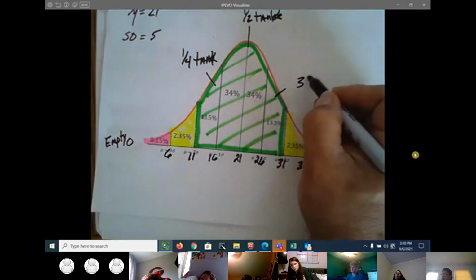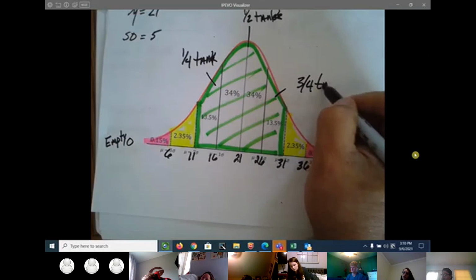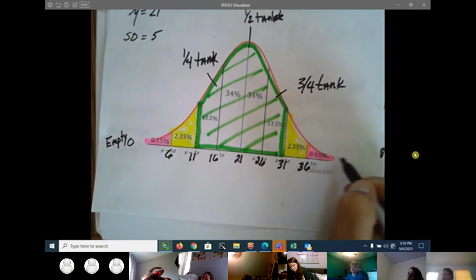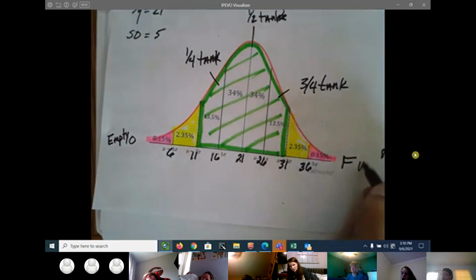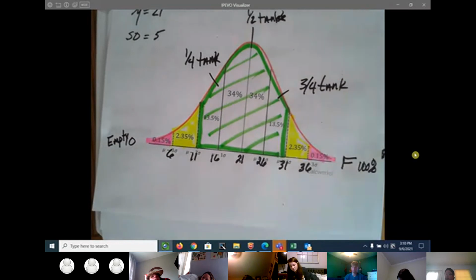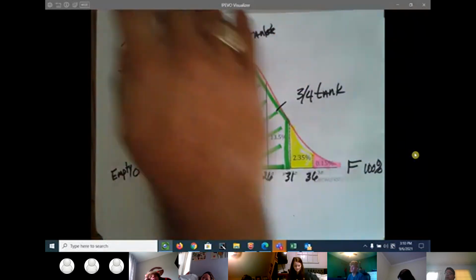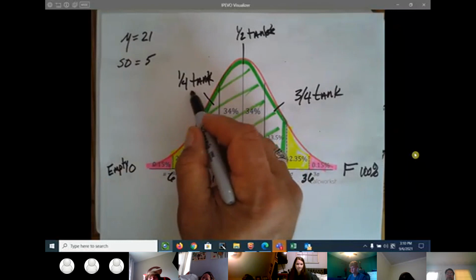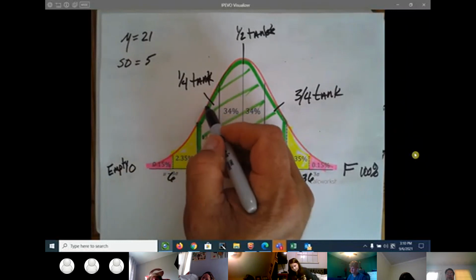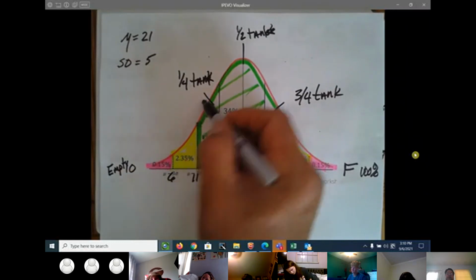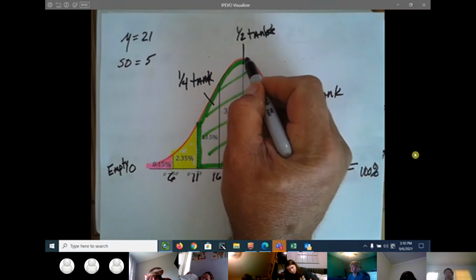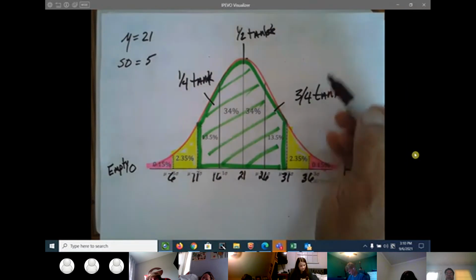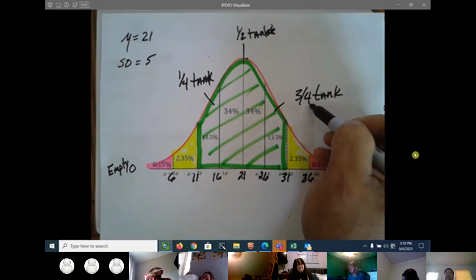Three-quarters of a tank. And full. So when you're thinking about quartiles, you're thinking about a quarter of a tank. What's the number that represents the 25th percentile? What's the number that represents the 50th percentile? What's the number that represents the 75th percentile?